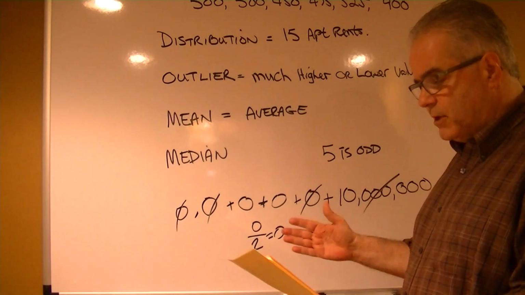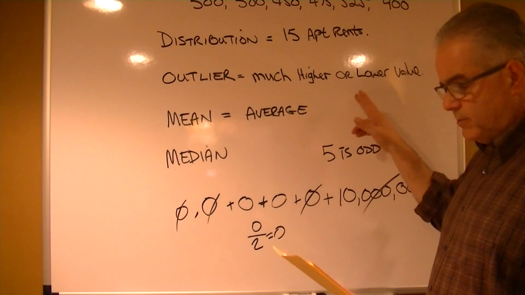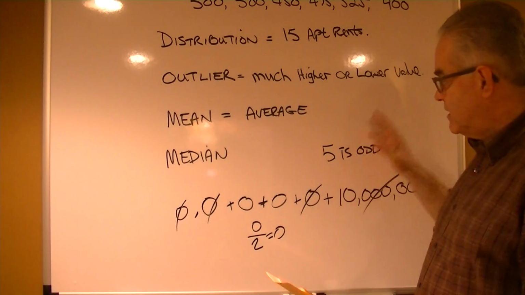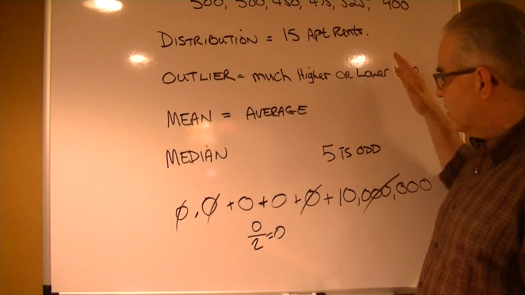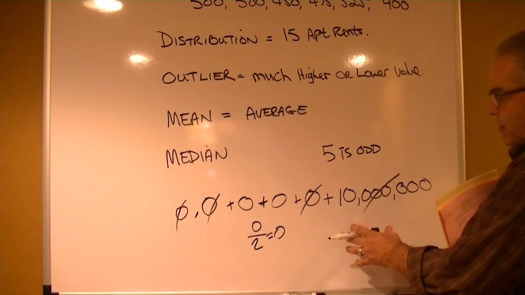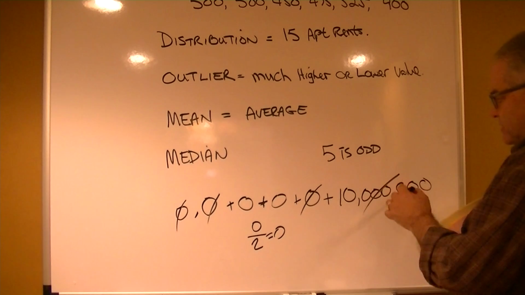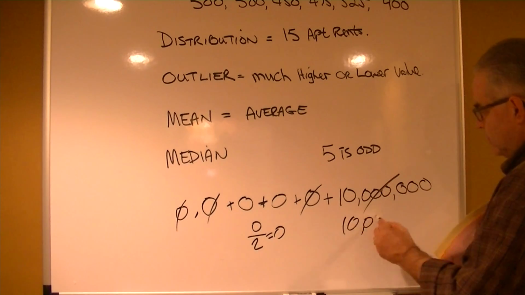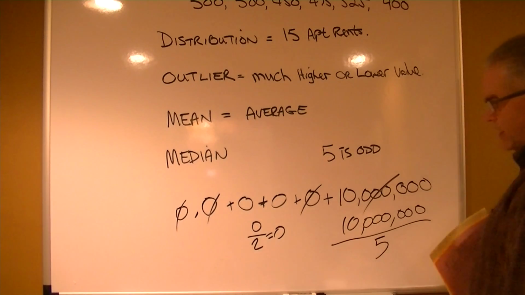So back to the problem where it says this outlier causes the mean rent to be higher than the median rent. Let's think about that. Is the mean rent higher than the median rent because of this outlier being much higher? Well, the mean here of these 5 numbers is what? I add these up, 0 plus 0 plus 0 plus 0 plus the $10 million. That equals the 10 million. I'll rewrite it again and divide it by 5, the 5 numbers that we had.